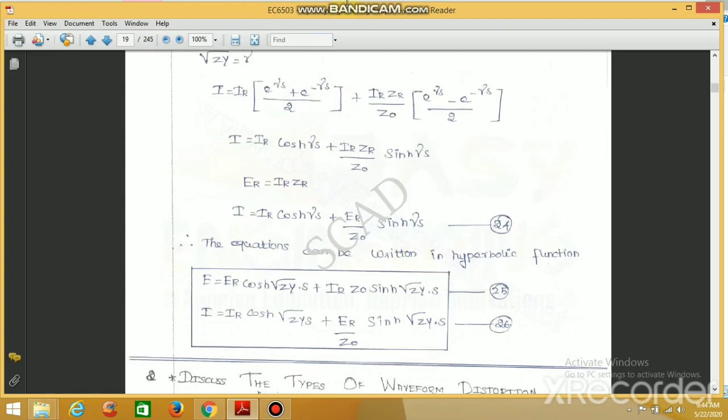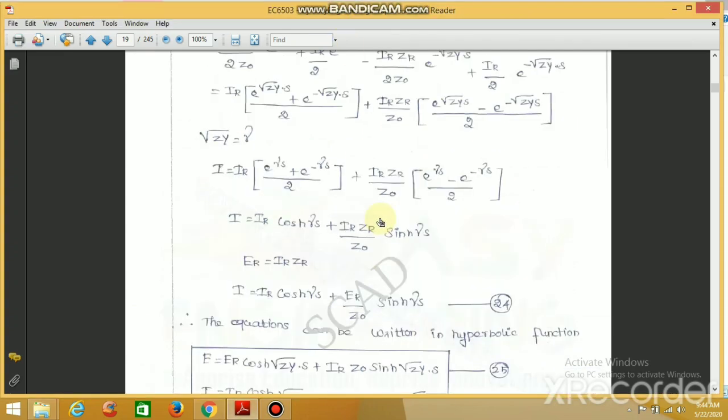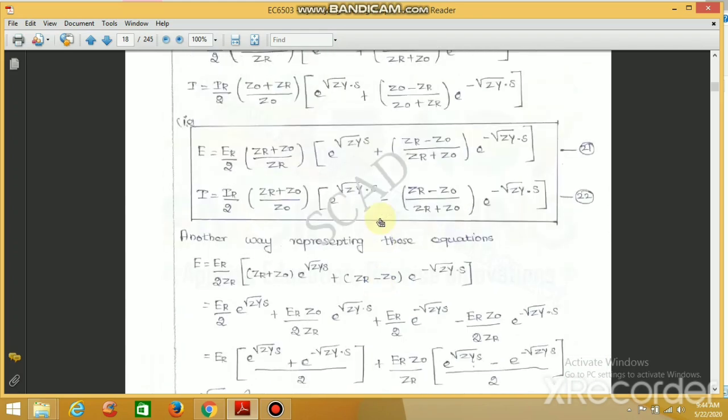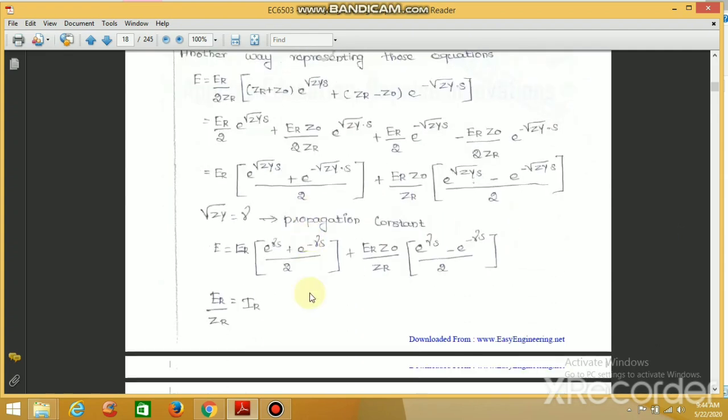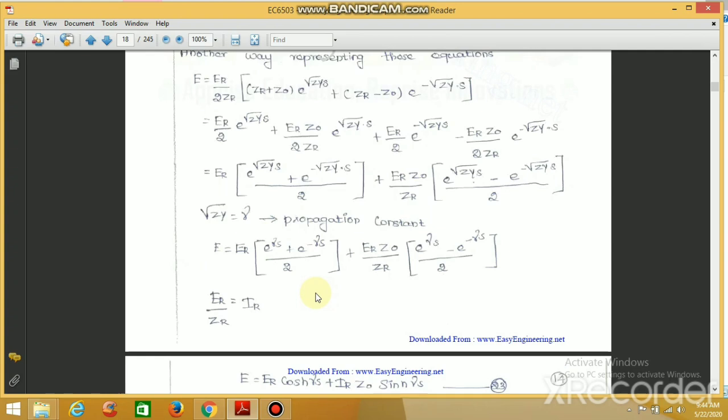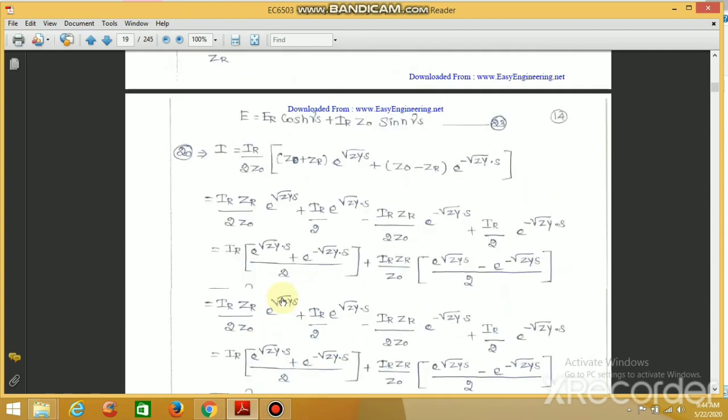It is enough when you stop with equations 21 and 22. The other way of representing the equation you may just go through, in case these come up in a problem. So for solving problems, you may go through equations 23 to 26.